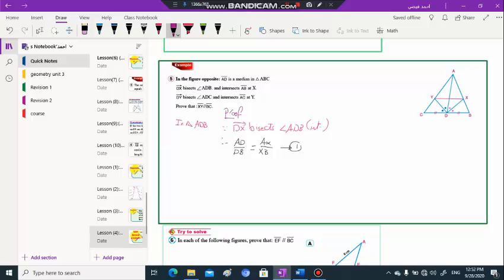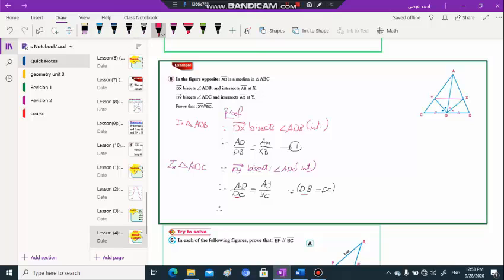And in triangle ADC, since DY bisects angle ADC internally, therefore AD over DC equals AY over YC, and since DB equals DC, because AD is a median, we can replace DC with DB.